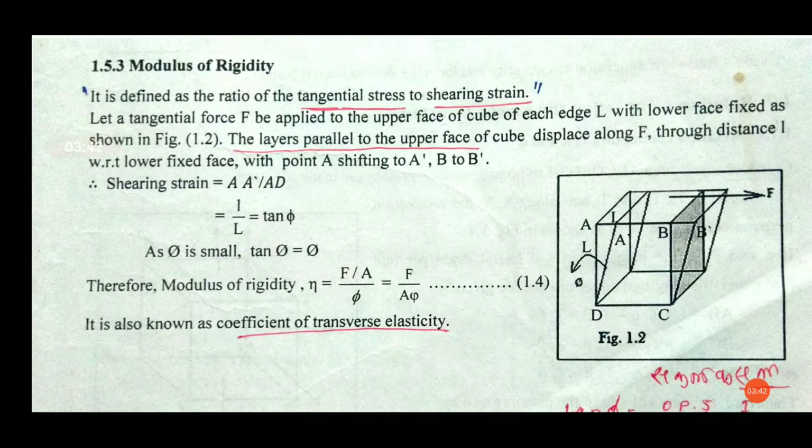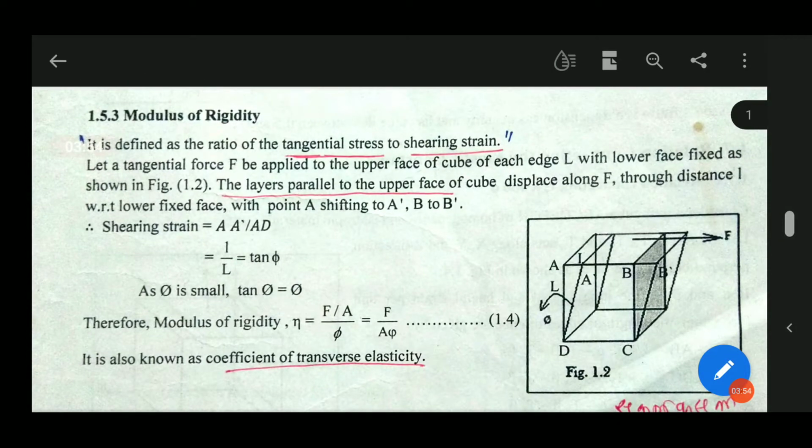We have a question: how is this tan phi? We know that in a right angle triangle, the tan of any angle is equal to the opposite side upon the adjacent side.